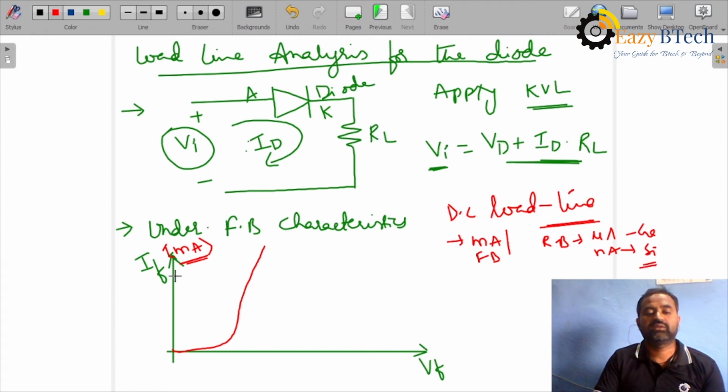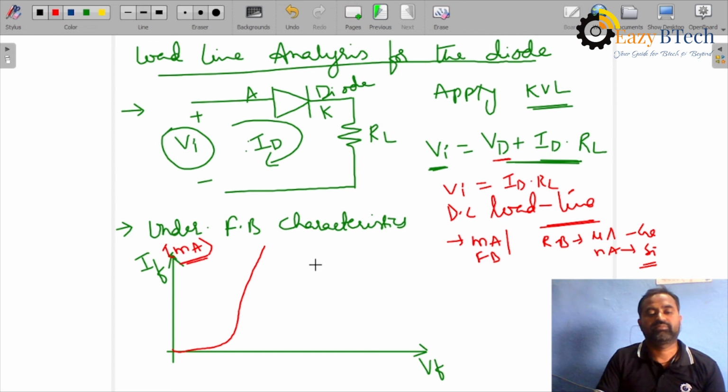Now to find the current on the y-axis, we make VD 0. If VD is 0, we get VI equal to ID into RL.